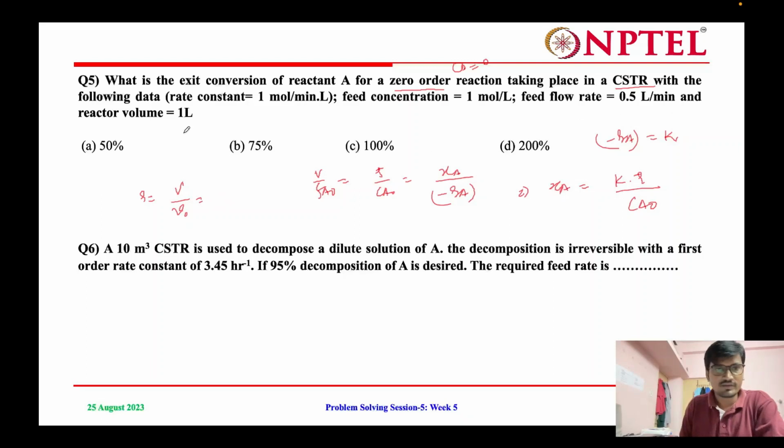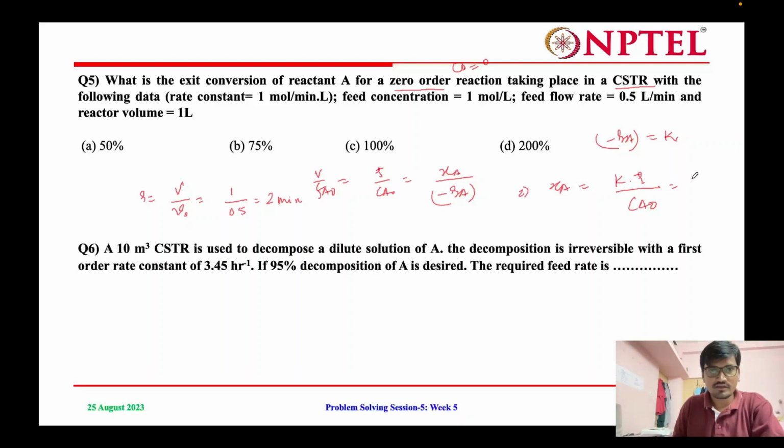There is a volume given 1 liter and volumetric rate 0.5, 2 minutes. Right. So K given, initial concentration given, and how we calculated to put it in these equations.